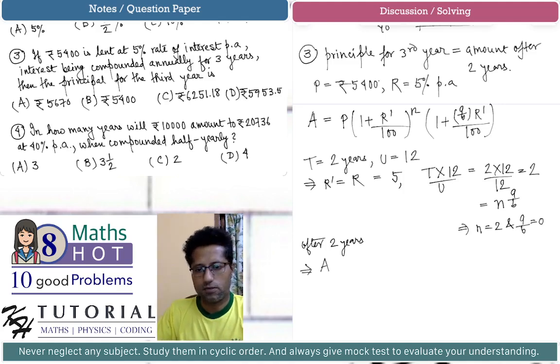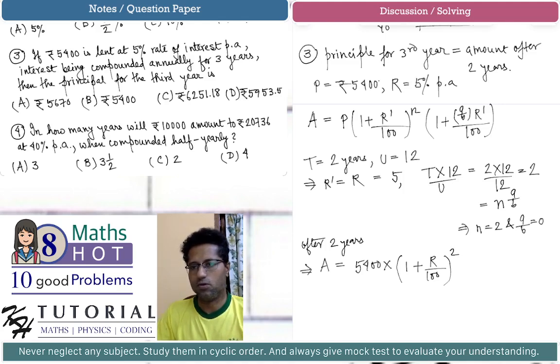So after 2 years, the amount is equal to the original principal, 5400, multiplied by 1 plus R by 100, to the power n equal to 2, and since the fraction a by b is 0, this part is 1, so we multiply by 1.